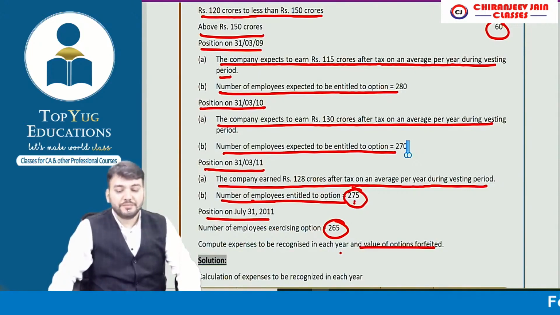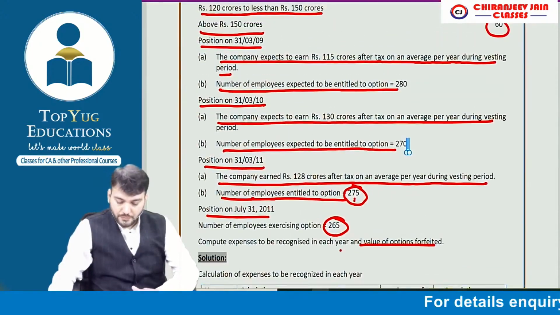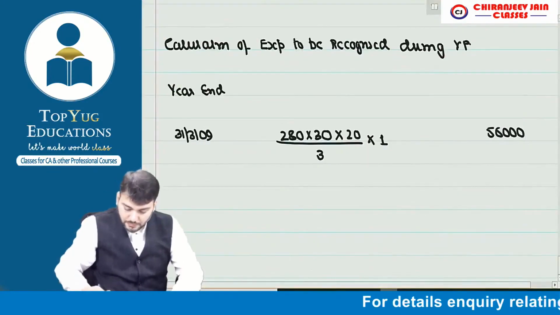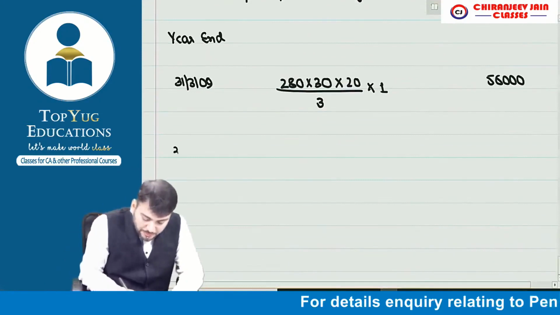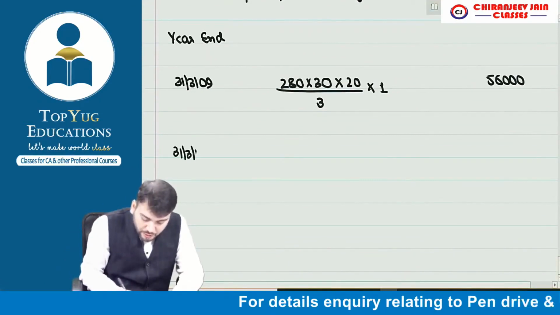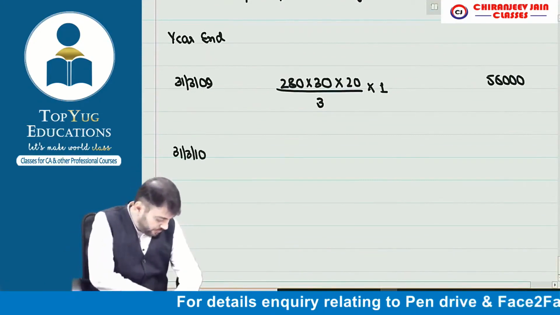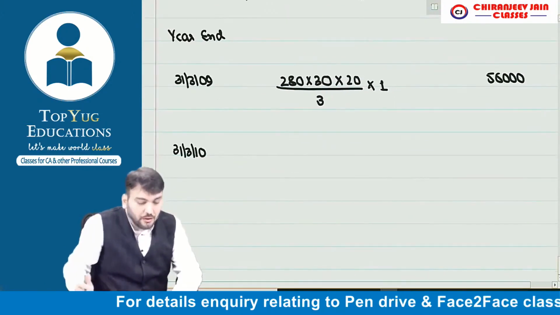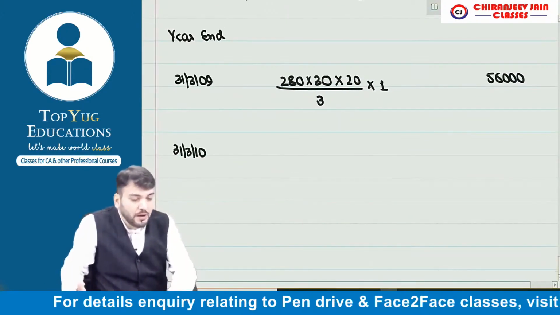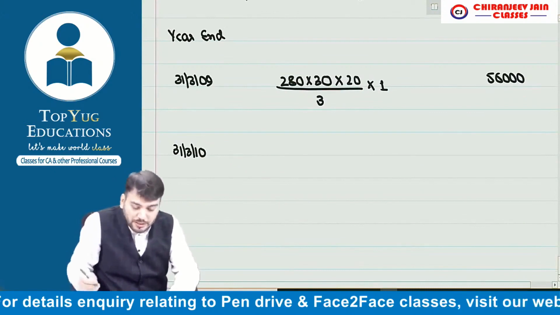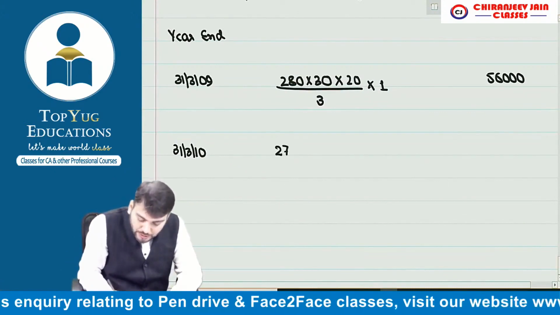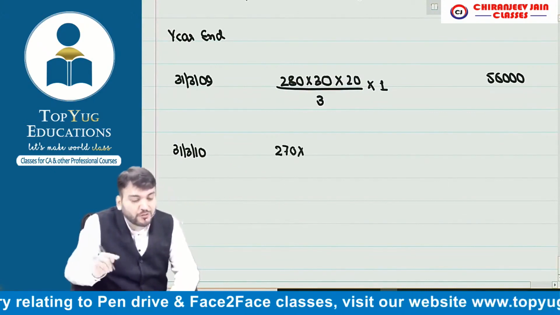Have you done it, everyone? चलो बताओ. On 31st March 2010, correct. Now number of employees, how much they have given? 270. What will be the option per employee?